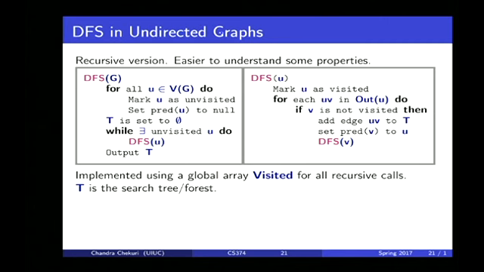You haven't touched anything. Since you're starting at U, you mark U as visited. And then you look at all the edges out of U. This is an undirected graph for now. You look at the edges going out of U one by one, not all at the same time. You look at each edge, and look at the other endpoint. If V is not already visited, that means you have discovered a new vertex.